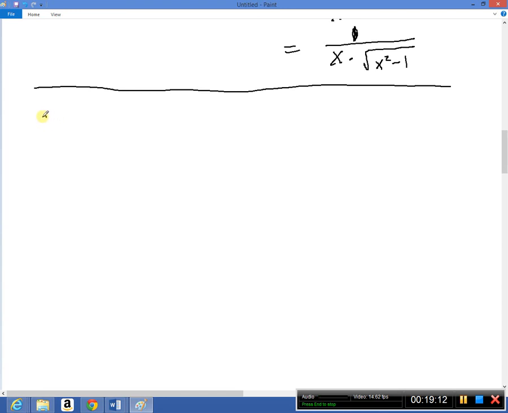I'm going to write the derivatives of the 3 that I found on the left. The derivative of the inverse sine, the derivative of the inverse tangent, and the derivative of the inverse secant.